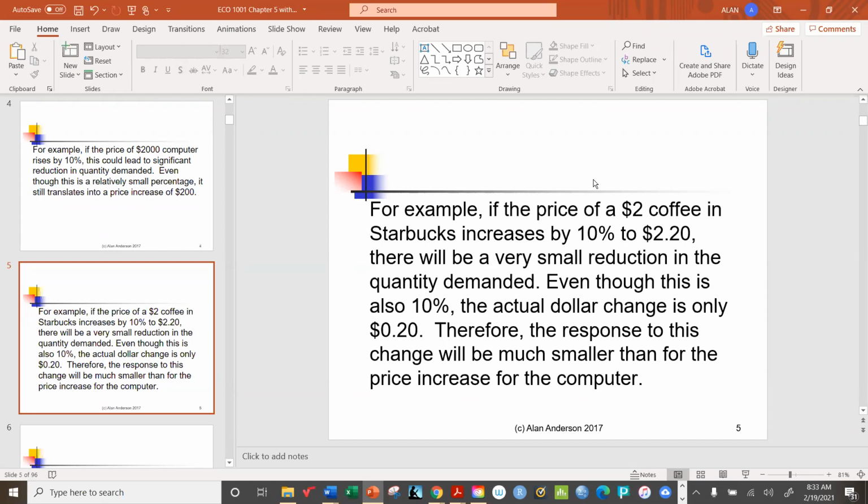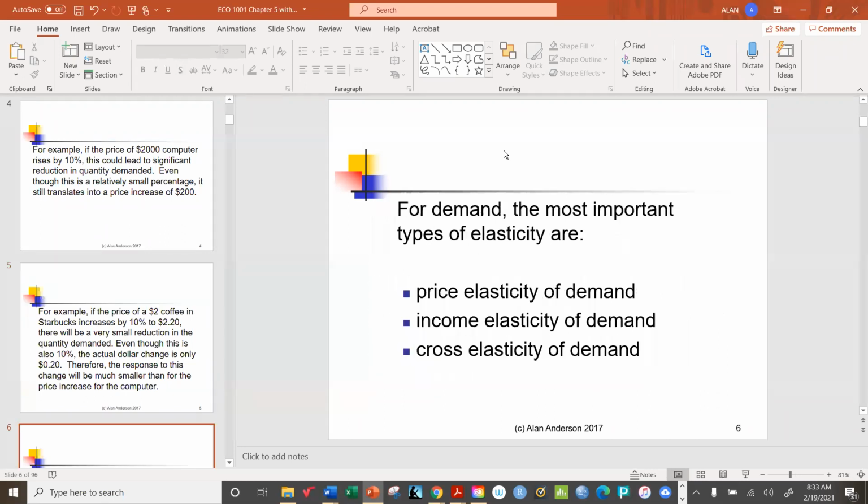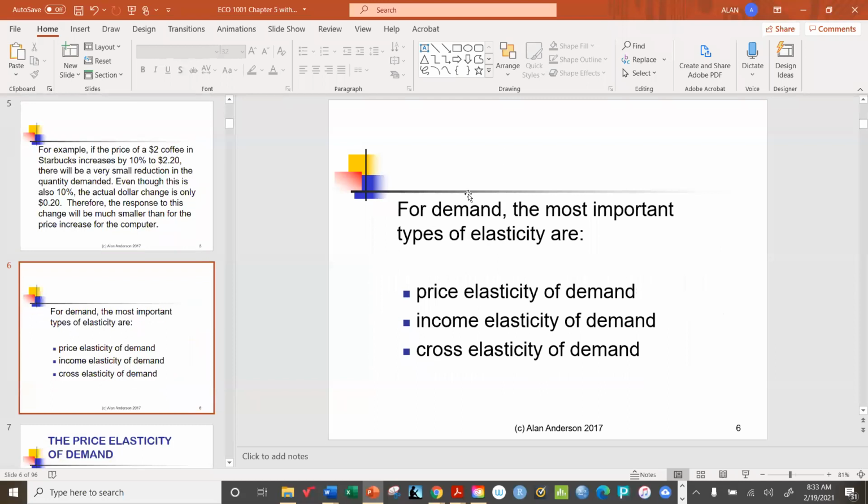So what that means is that there's a different level of sensitivity of consumers to the prices of these two different goods. And so the elasticity measure will make it possible to capture this sensitivity and compare the two goods side by side to determine which is the most elastic and which is the least elastic. Okay, so we noted here last time that there's actually three different kinds of elasticity that we want to look at in this chapter.